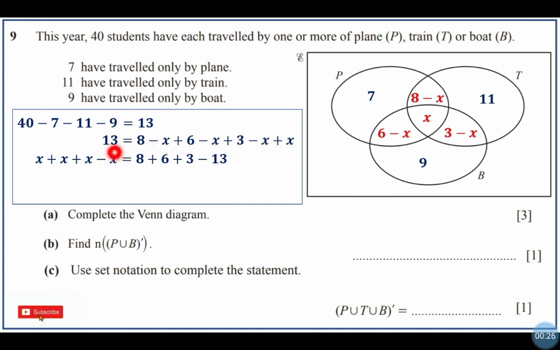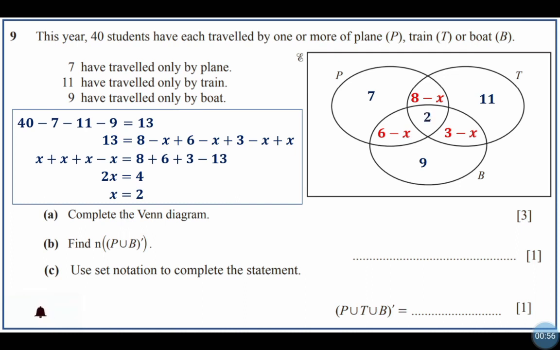Then we move the 13 to the right side, it becomes negative 13. x plus x minus x becomes 2x. 8 plus 6 is 14, plus 3 is 17, minus 13 is 4. So 2x is equal to 4. We will just divide both sides by 2 to come up with the value of x, which is 2. So we can now replace that value of x with 2.